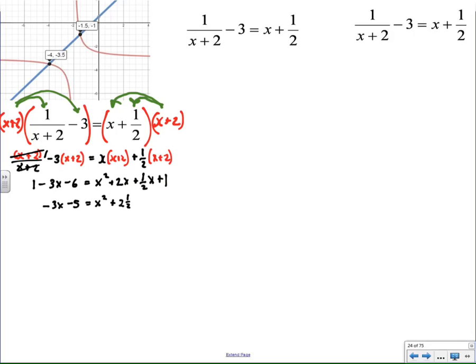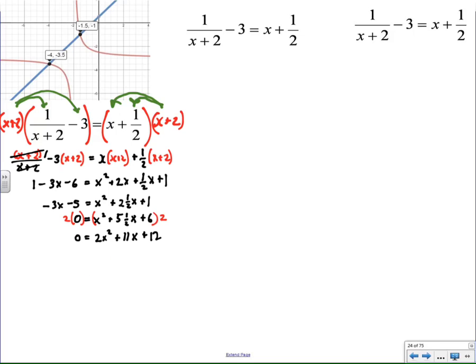The rest is a matter of collecting like terms, and since I see quadratic form, I'm going to set the quadratic expression equal to 0, so I can apply the zero product rule. Sometimes we might struggle in trying to factor when the coefficients on the quadratic form are in fractions. So I'm going to fraction bust by multiplying both sides by 2, and now I get a quadratic expression which is going to be factorable, and we'll get to that a little bit later.